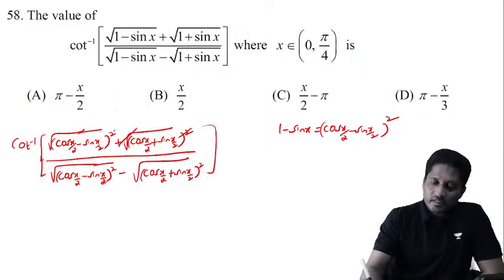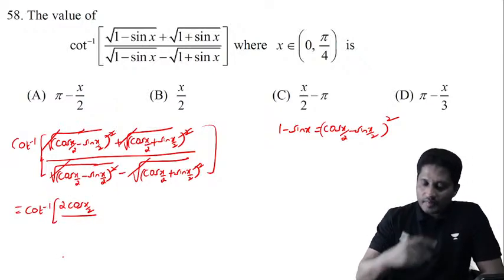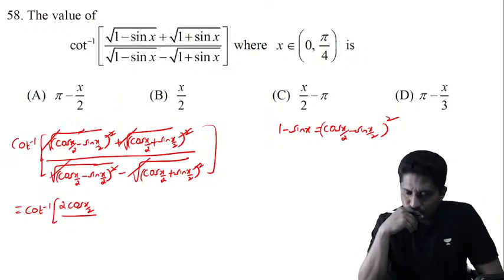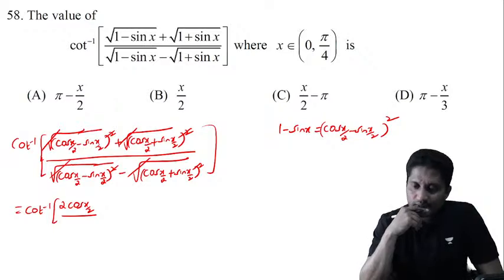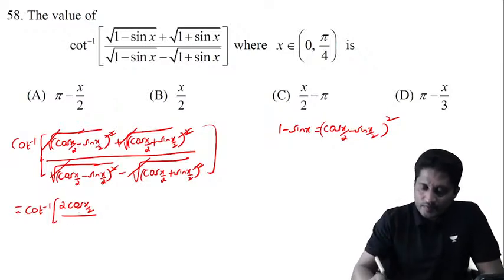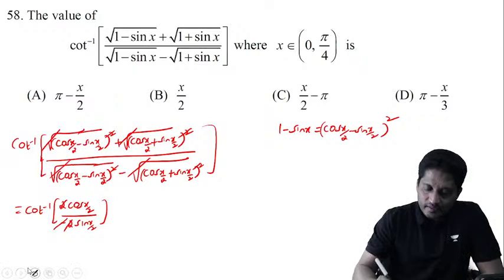Root and square cancels, here also root and square cancels. So this is cot inverse of, numerator is 2 cos x by 2 because sine will get cancelled. And if you open the bracket, this is minus 2 sin x by 2, right? 2 and 2 cancels, minus will be there.